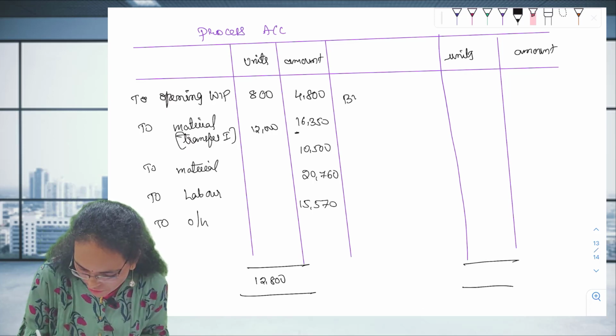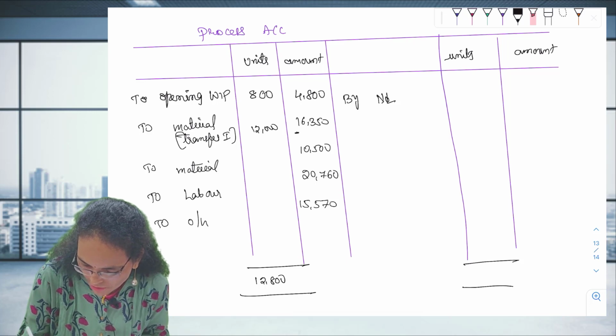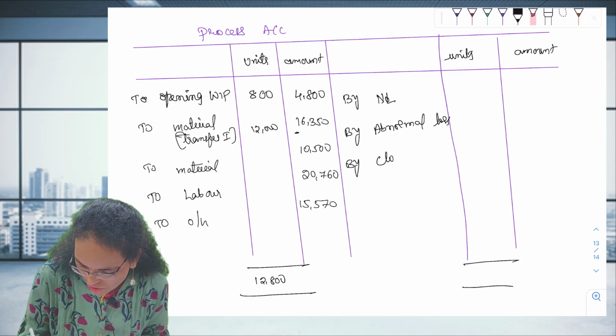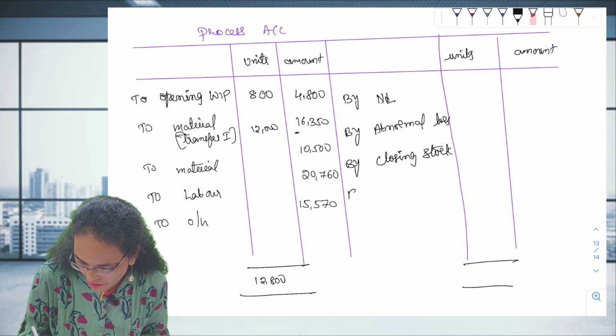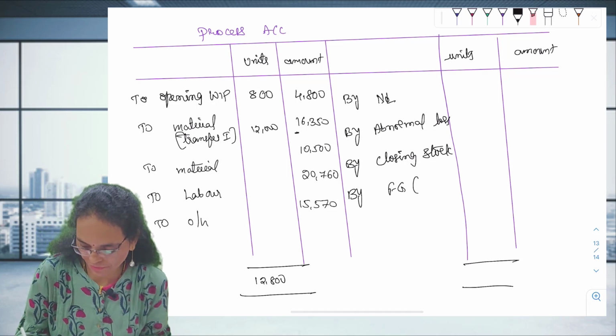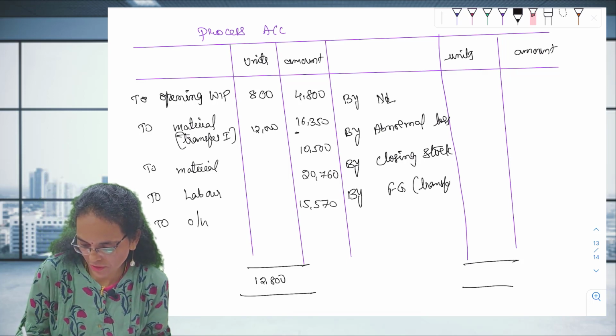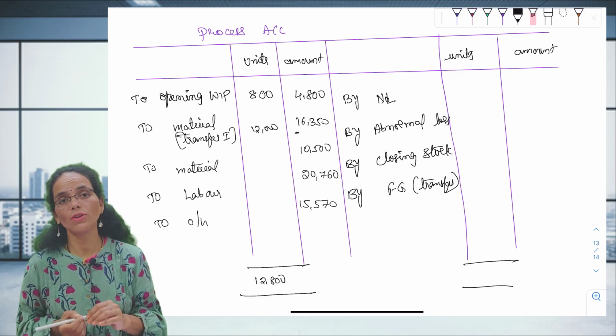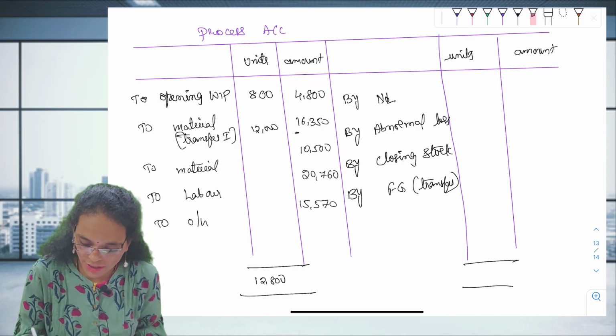Here, we have normal loss, abnormal loss, closing stock, and finished goods which have been transferred to the next process. Again you can ask me, madam, from where you got these.